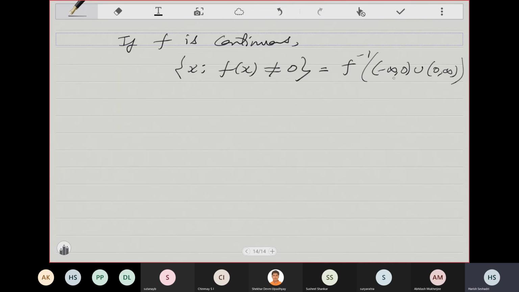Now this thing is R minus 0, which is an open set. So inverse image of an open set is open if f is continuous.